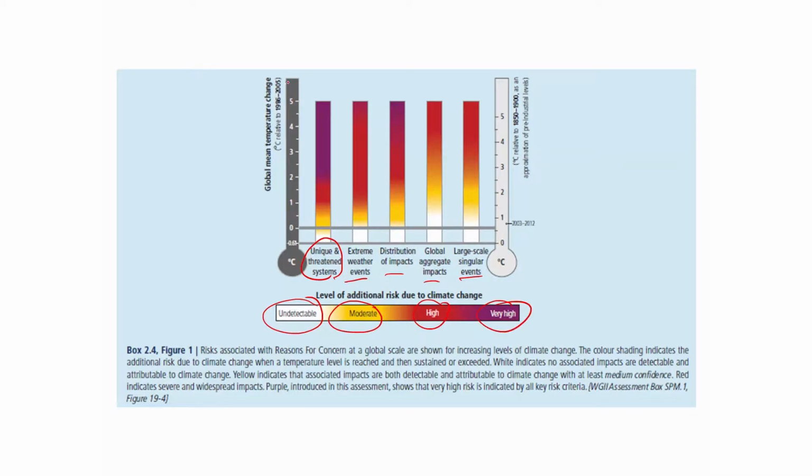So given the temperature change projected relative to 1986 to 2005, what are the changes we expect in each of these reasons for concern? For unique and threatened ecosystems, you can see that as the warming increases, it begins to push into the very high risk range.